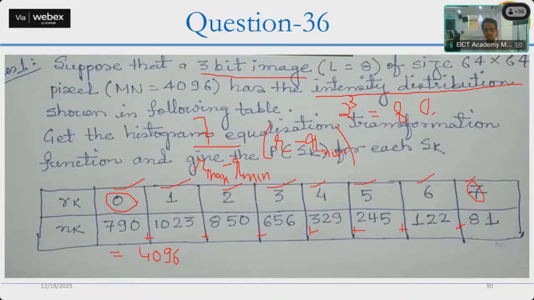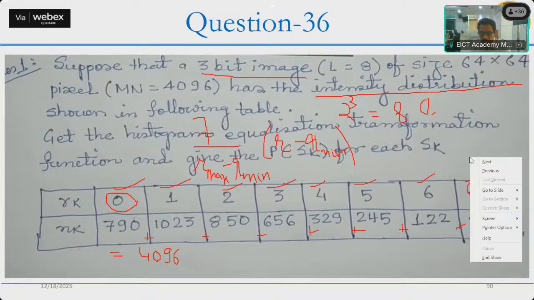The data will remain exactly the same, as Aditya mentioned. Yes, Aditya pointed out the result will be the same. There will be no transformation. That's why we need to go through histogram equalization.